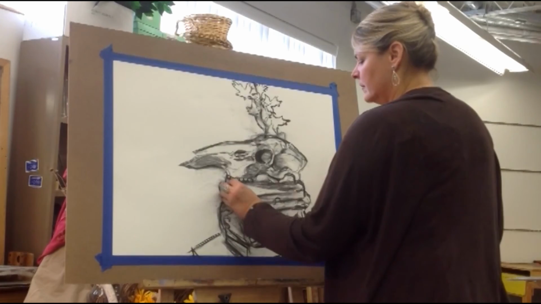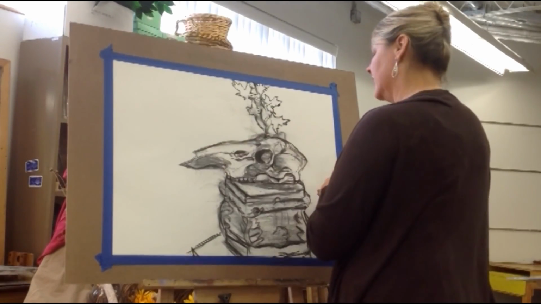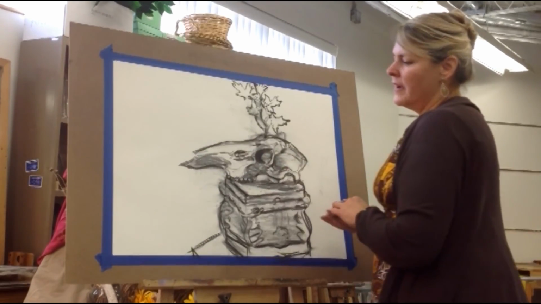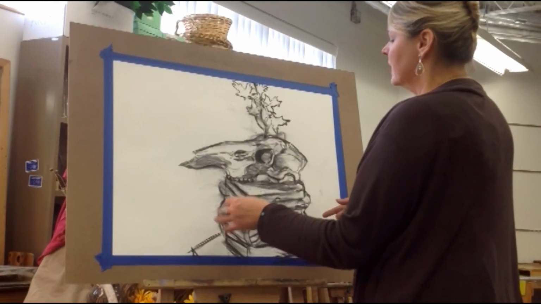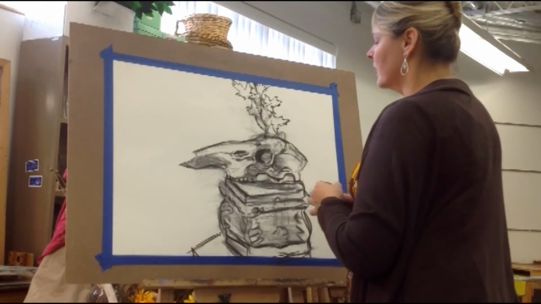But we want to show the skull is the whitest form up there. So where the light is hitting the skull, that is the lightest area in the composition. Okay, so after we're done laying out these value shapes, I'll come back in and use a compressed charcoal and start working on some of the details.